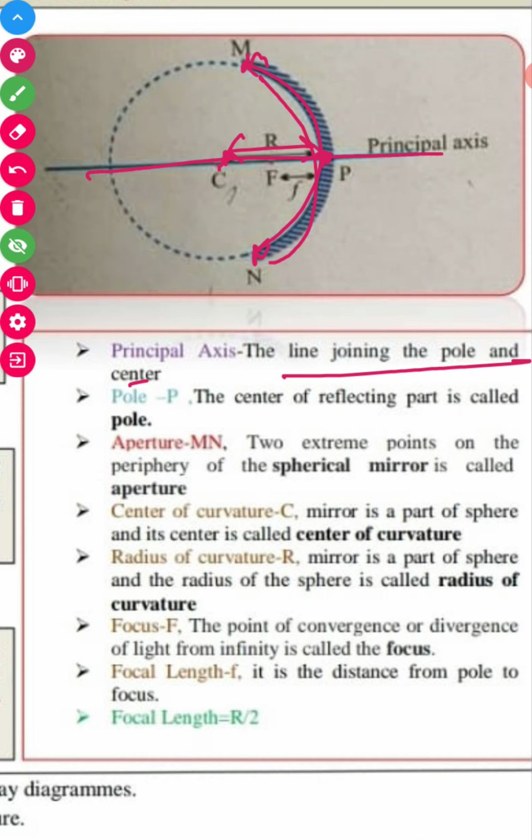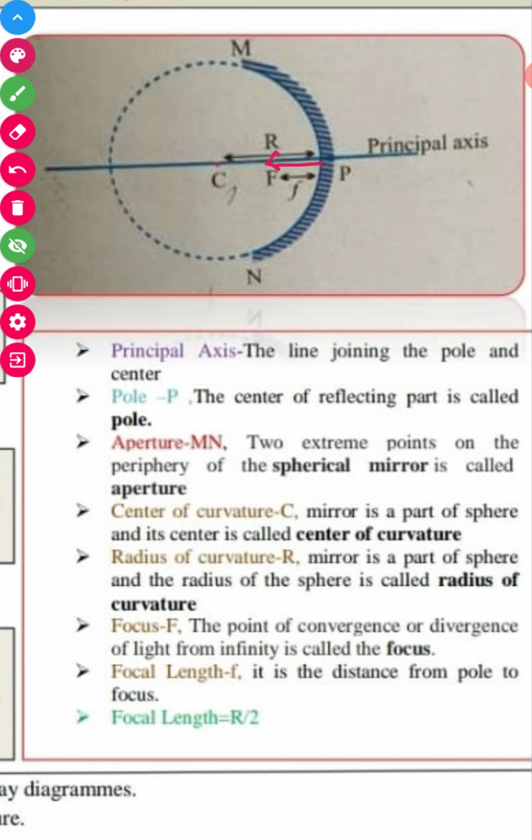And focus, F, is the point where light from infinity converges or appears to diverge. The distance between the focus and the pole is called the focal length.